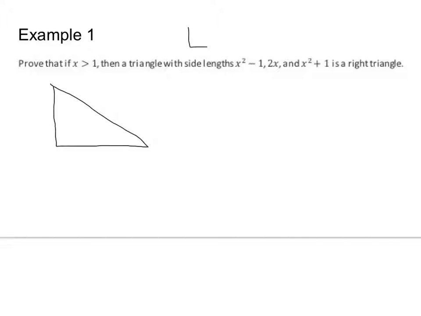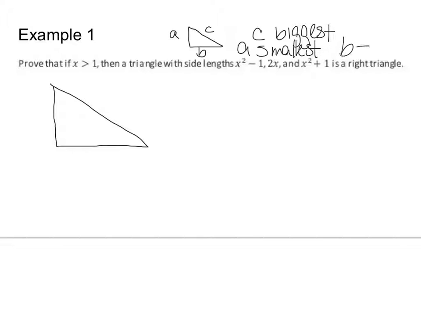If you remember with the Pythagorean theorem, a, b, and c, c is always the biggest number, a is the smallest, and b is in between. So let's figure out which one's the smallest, biggest, and in between.